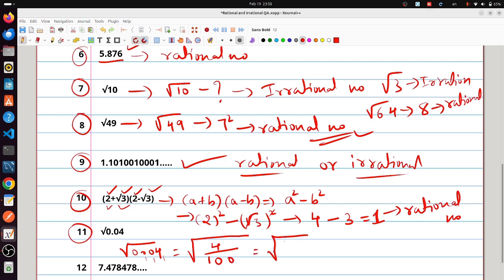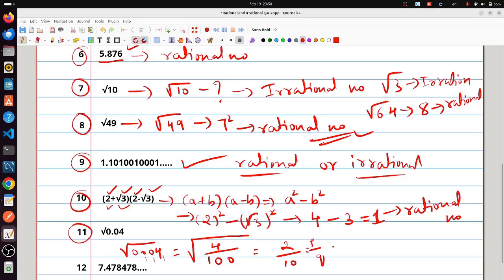We know that the square root of 4 is 2, divided by the square root of 100, which is 10. 10 times 10 is 100 and 2 times 2 is 4. So you can keep this as 2 by 10. It is in the form of p by q.